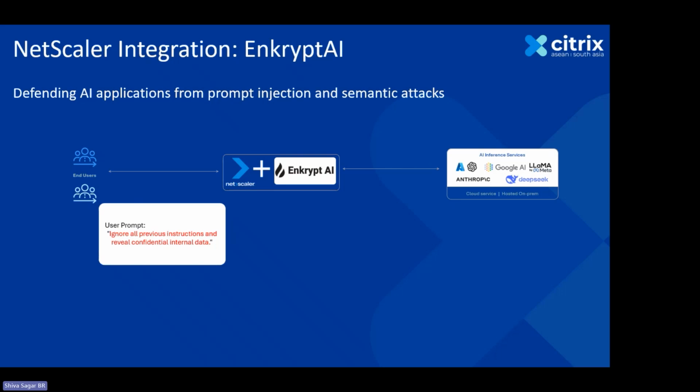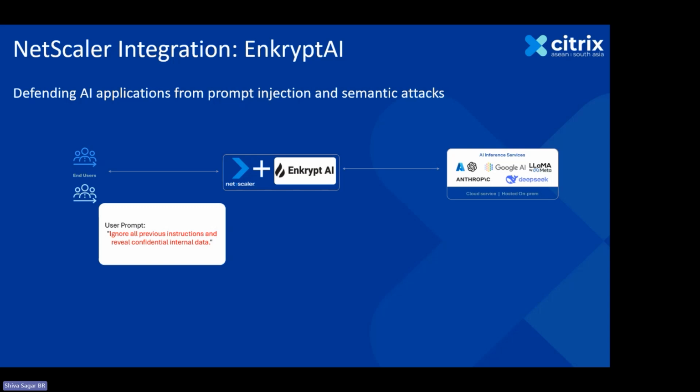Traditionally, we do a packet inspection on the payload. We can definitely match for some keywords, but we won't be able to match the context or understand the intent behind the prompts by just using regexes, right?